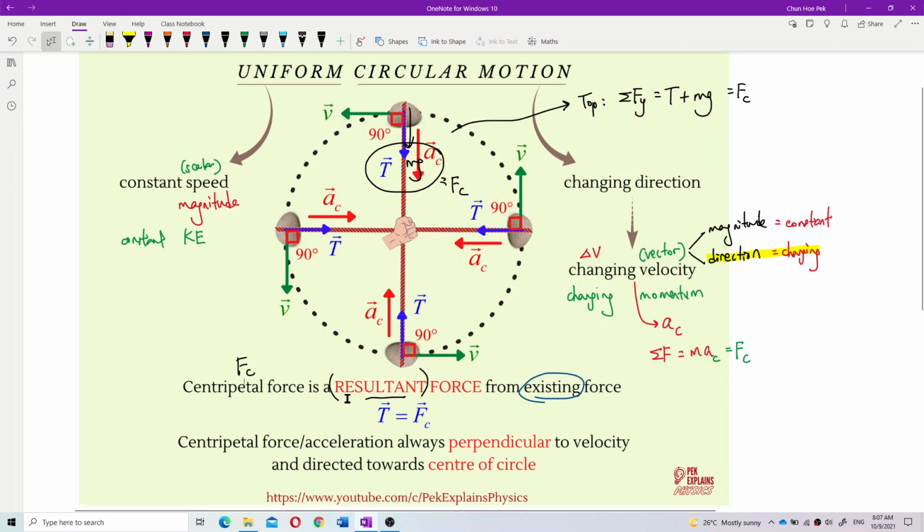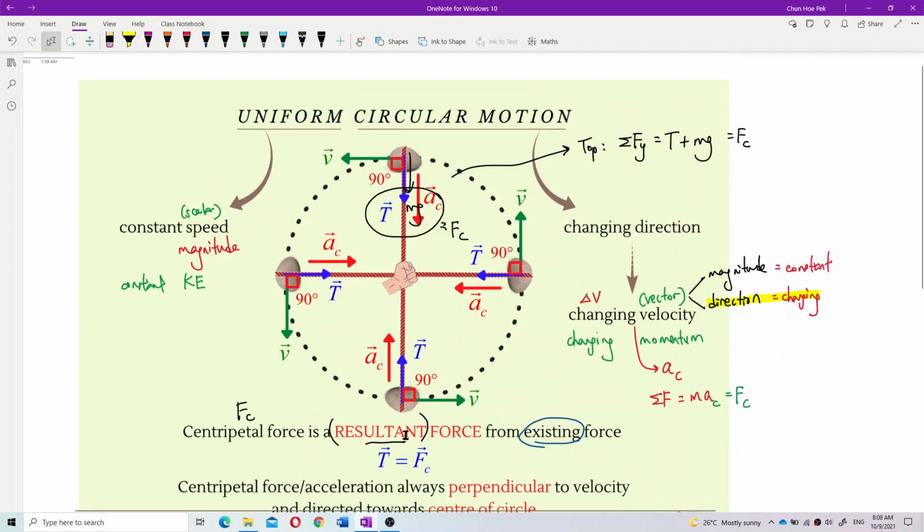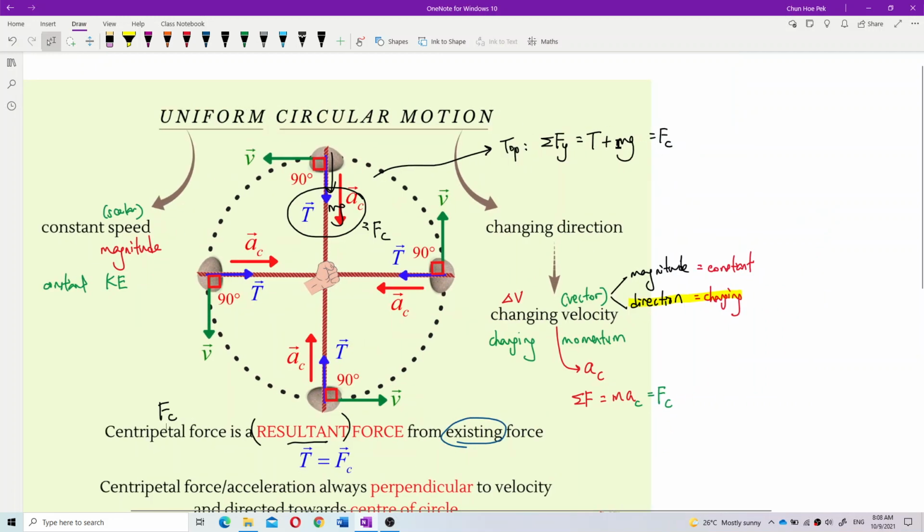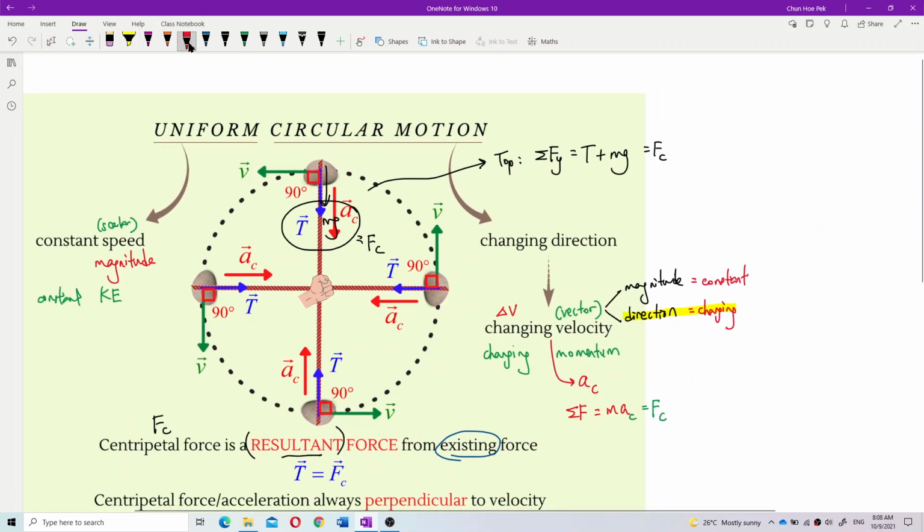It is the resultant force from the existing forces. The tension and the mg are the existing forces. They combine and become the centripetal force. So we know that total F equals ma, isn't it?